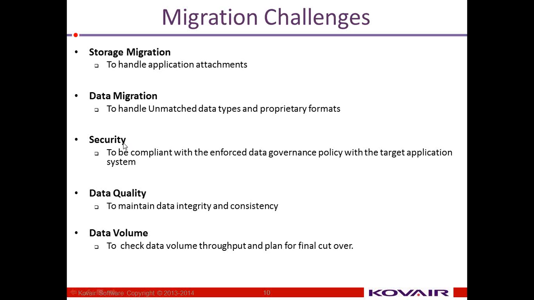Third, security. Here the challenge would be, during the migration, to be compliant with the enforced data governance policy of the target application system. Fourth, the data quality, to maintain the data integrity and consistency as the data is migrated to the destination tool.